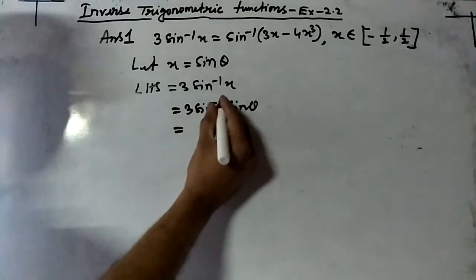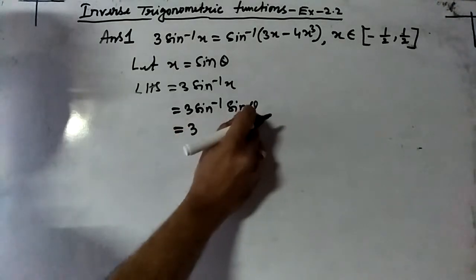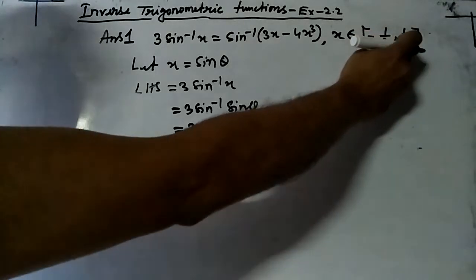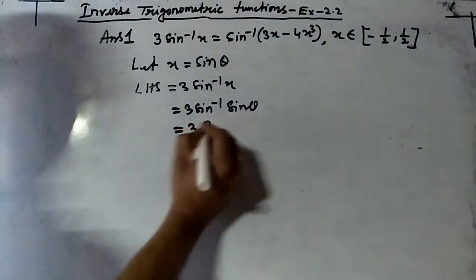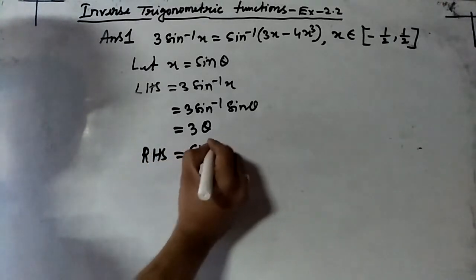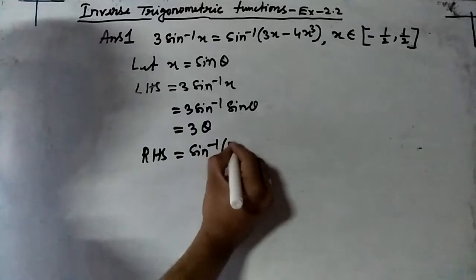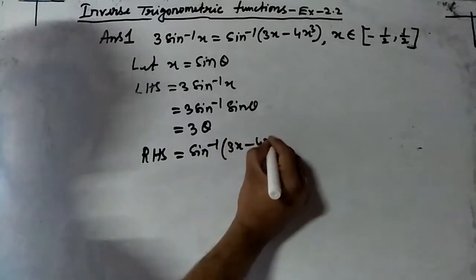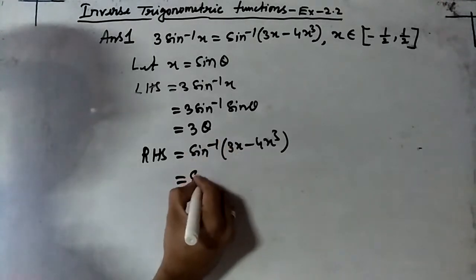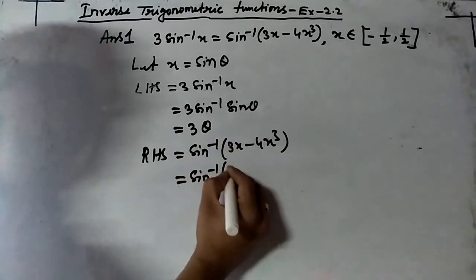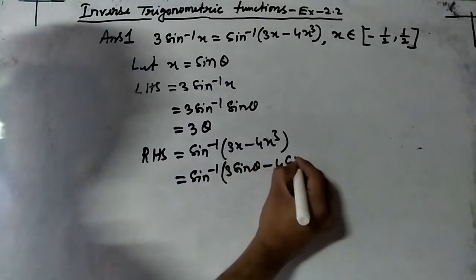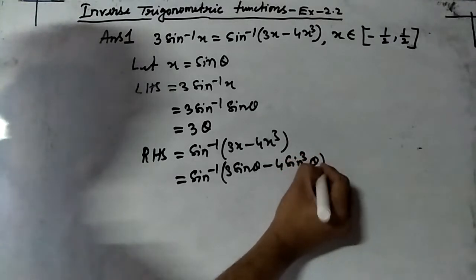We know that sin inverse sin theta equals theta if theta belongs to the range of sine inverse, and it does, because the condition is minus 1 by 2 to 1 by 2. So we get 3 theta. RHS equals sine inverse of (3x minus 4x cube). Here also put x equals sine theta: sine inverse of (3 sine theta minus 4 sine cube theta).